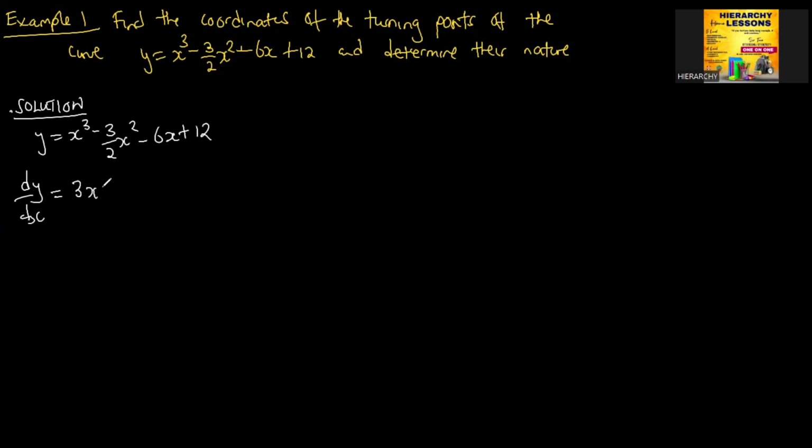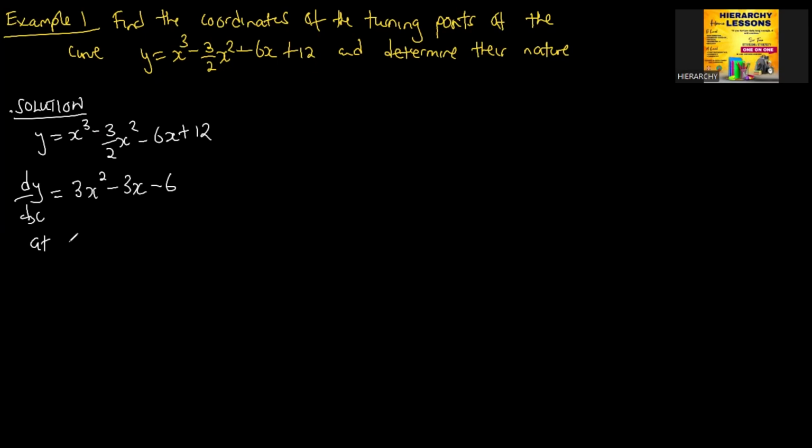We get 3x squared minus, if we differentiate 3/2 x squared, the power will drop 2, so 2 cancels 2, and we have 3x. Differentiating 6x, we have 6. And differentiating 12 is 0, because we differentiate a constant to get 0.